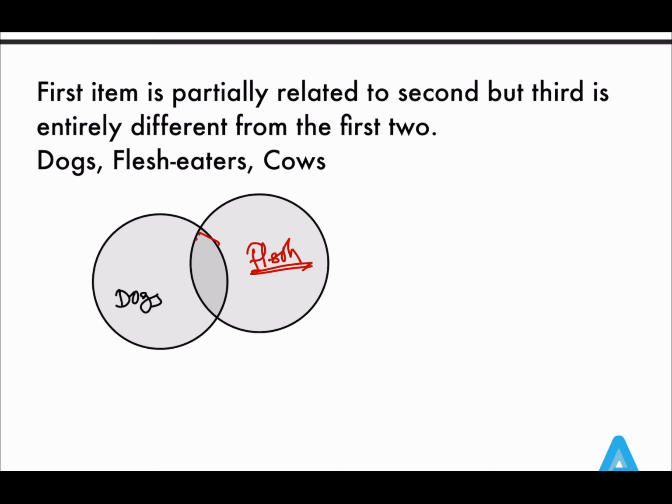So this part represents dogs who eat flesh. Okay, not all the dogs are eating flesh, so only this part represents dogs eating flesh. Okay, but cow has no relationship with dogs or eating flesh, so our cow is going to sit just outside.